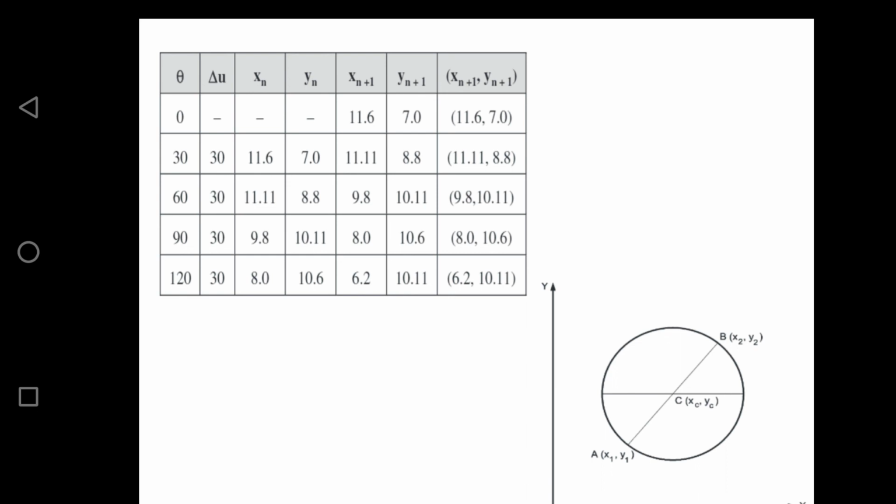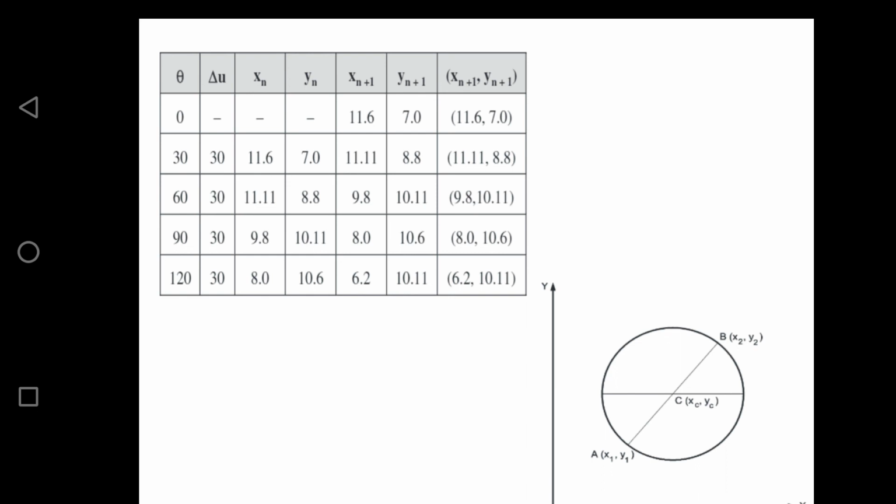So if I go for the superior point Pn plus 1, which has an incremental angle of 30 degrees, we have theta equal to 30. You can see the second row, 30 degrees, so the incremental angle delta u equals 30 degrees. The old, or backward, values of xn and yn are 11.6 and 7.